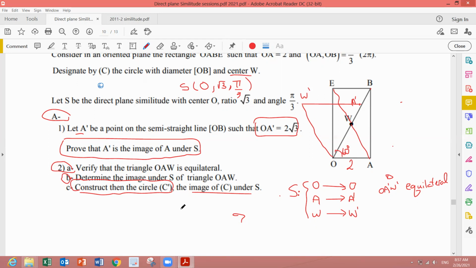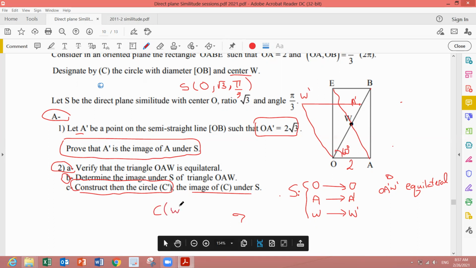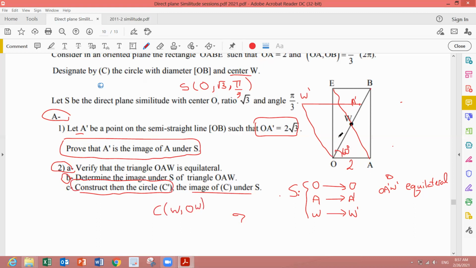The circle C has center W and radius OW. What does C prime become? How long is OW? Radical 3. OW is 2 centimeters, isn't it? 2. Yes. What does C prime become?